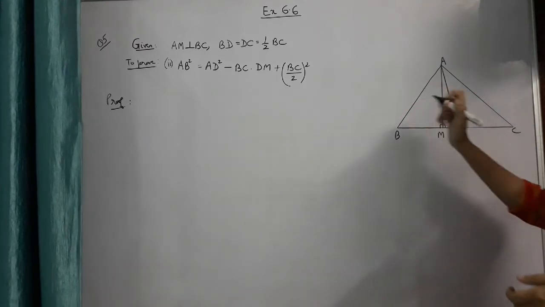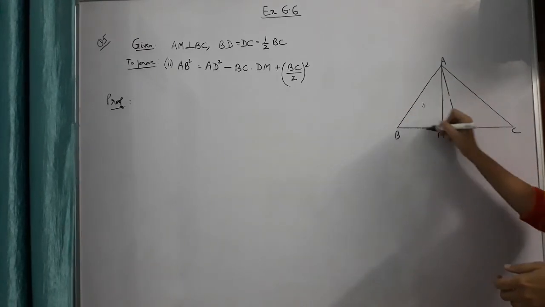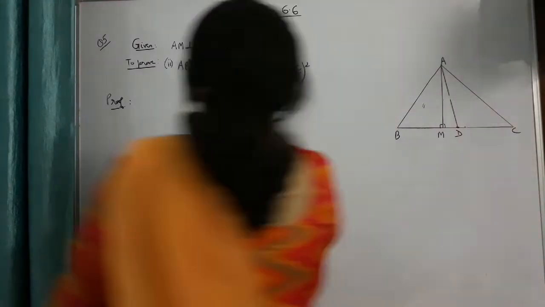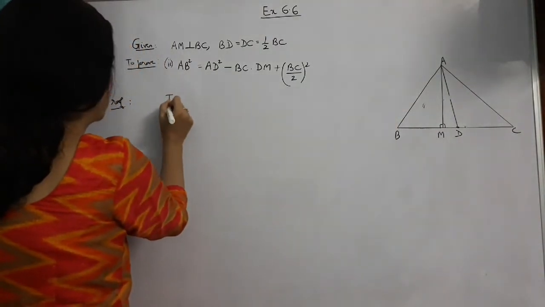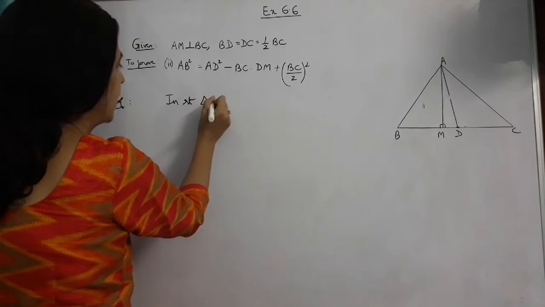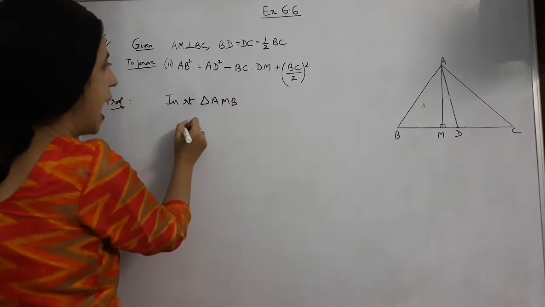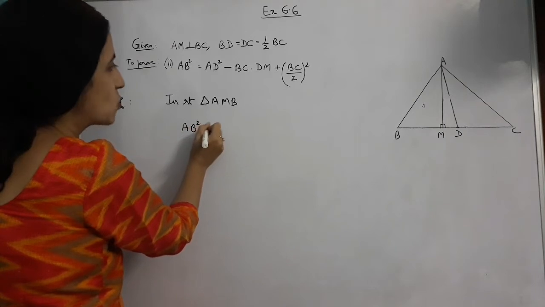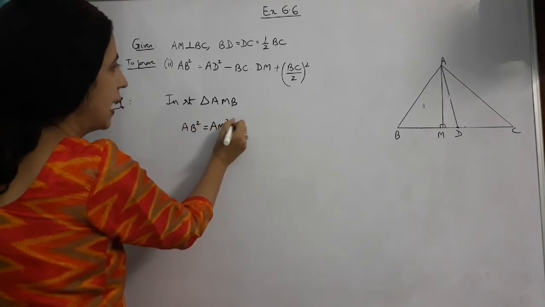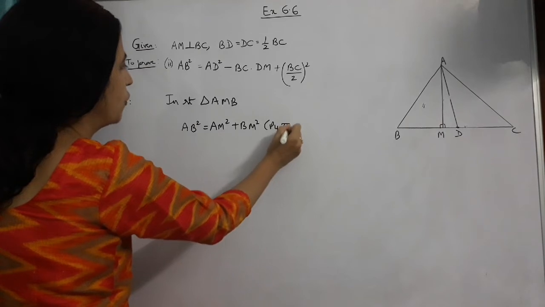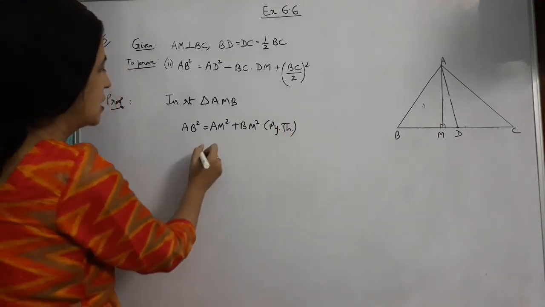So in order to obtain AB square, we will use Pythagoras theorem in this right triangle AMB. In right triangle AMB, we use Pythagoras theorem and we obtain AB square is equal to AM square plus BM square.